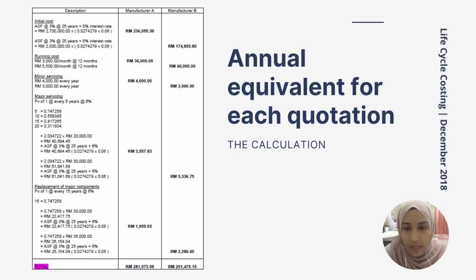Then ASF at 3% at 25 years plus 6% interest rate and equal to 2,286 and 60 cents. So the total annual equivalent for manufacturer A is 281,573 and 5 cents, and for manufacturer B is RM 251,479 and 15 cents.